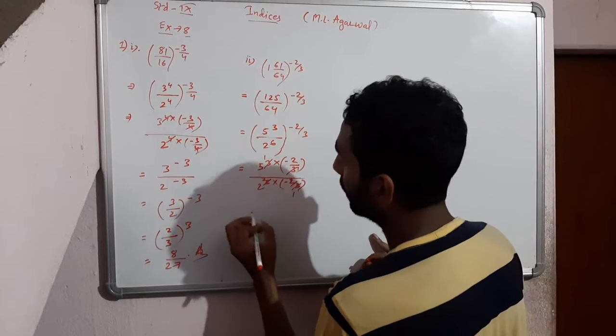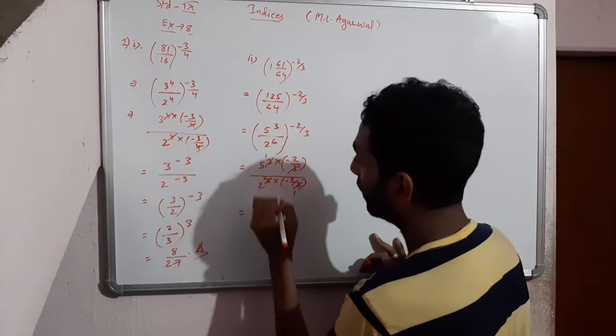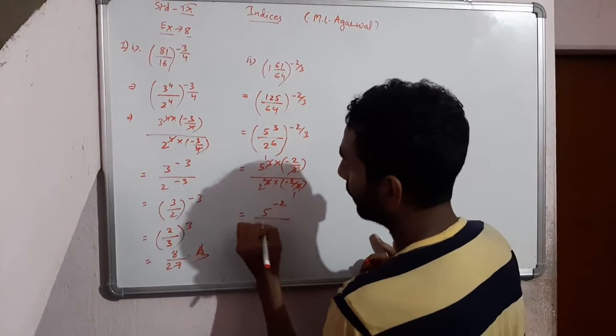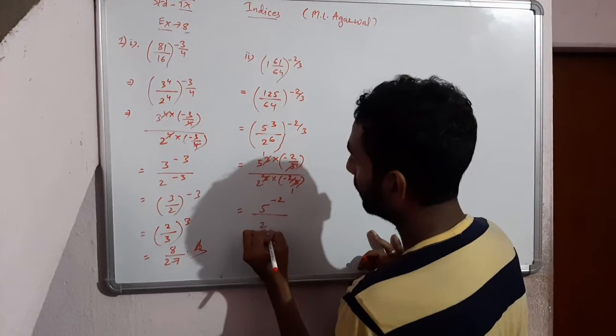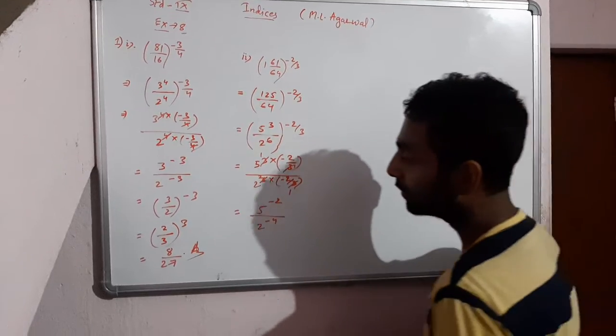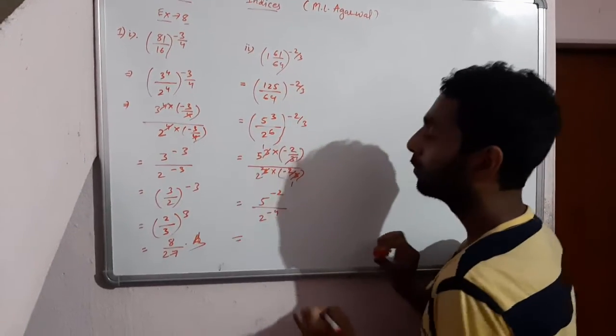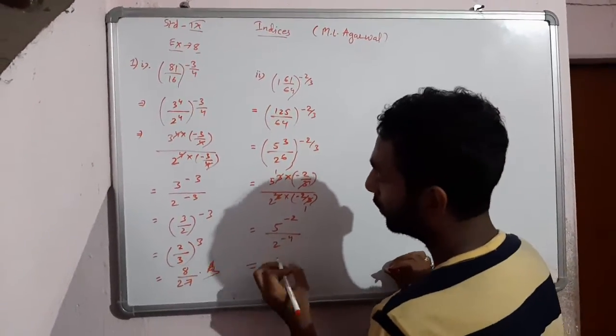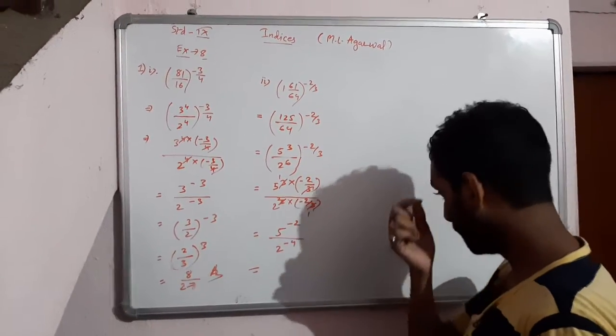So this is 5 to the power minus 2, and this is 2 to the power minus 4. Students and viewers, 5 to the power minus 2 and 2 to the power minus 4.